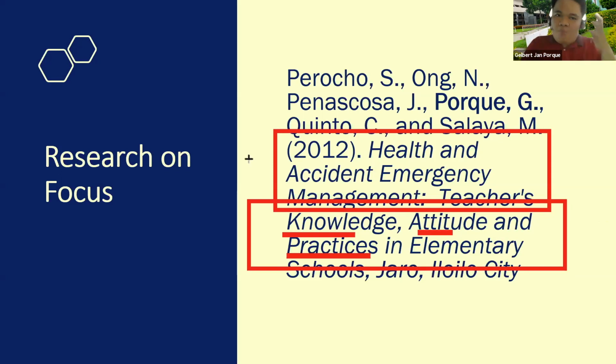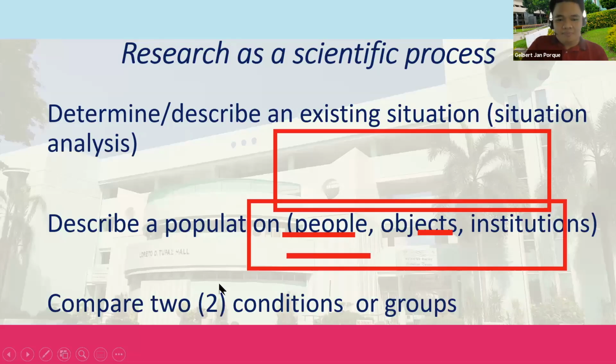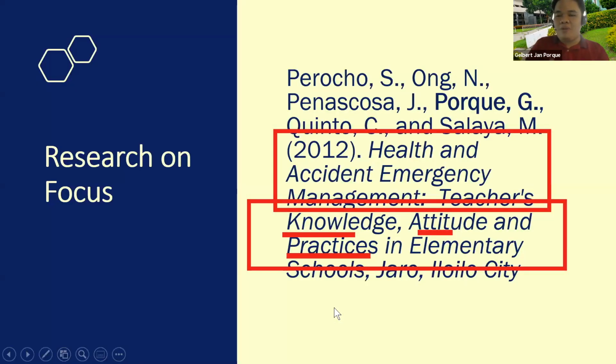So in reference to our discussion, you can know in this study that we have made a comparison between public and private schools. We have made a comparison among those teachers with greater than 10 years of experience and those with less than 10 years of experience. It turned out that those in the private school would have more positive attitudes towards emergency management compared to those in the public school.